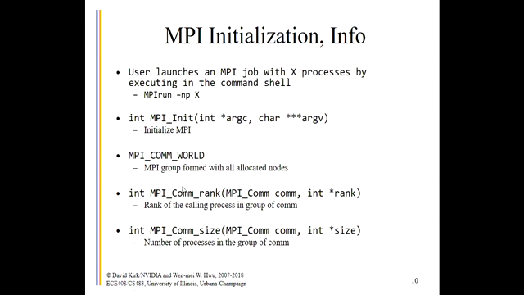And then you have MPI com rank and MPI com size. These are the functions that an application calls in order to figure out, essentially, its thread index and also the thread dimension, the block dimensions. Okay, so in CUDA, these are built-in variables that you can rely on in the kernels.